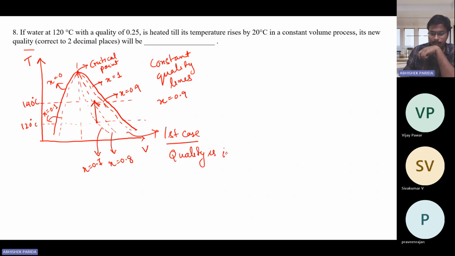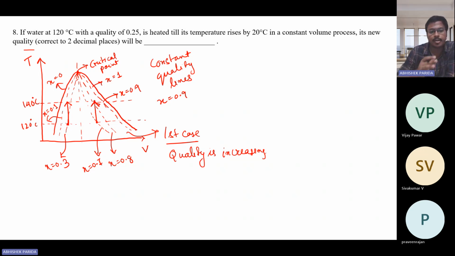Now tell me one case. Let us say I will draw one more curve. This is x equal to 0.3, and we are somewhere here. Now, if we are heating here at constant volume, it will reach here. Let us say the same 120 degrees Celsius we are heating, and we reach here.